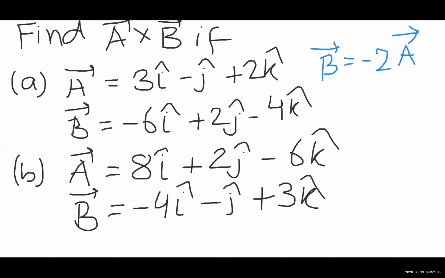If vector B is minus 2 times vector A, then what is the relationship between the direction of the two vectors? The angle between the two vectors is 180 degrees.